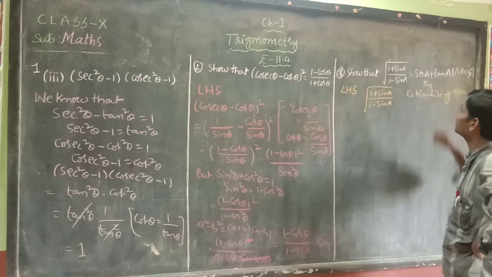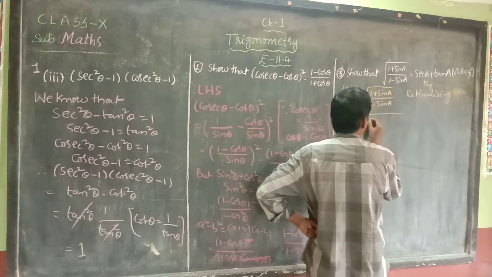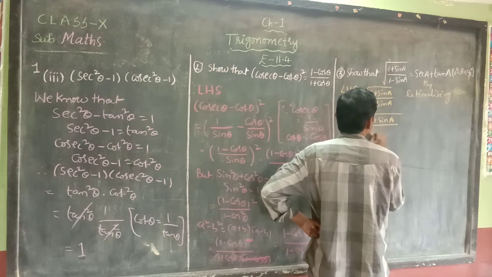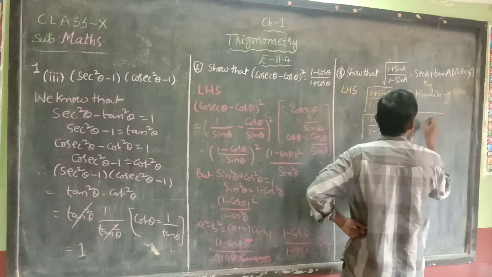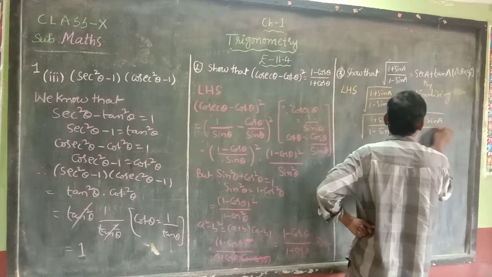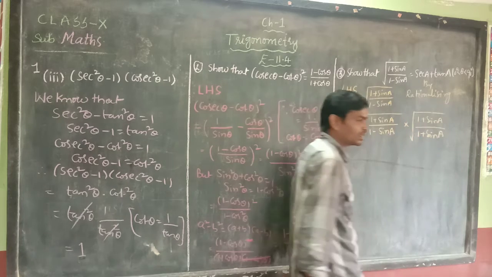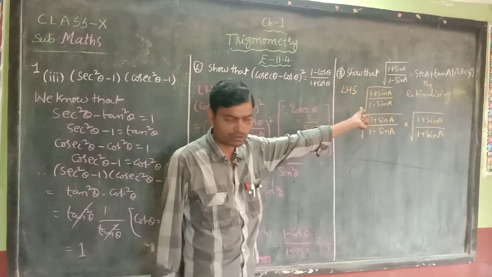By rationalizing, what will we get? Under root of (1 plus sin A) by (1 minus sin A) into under root of (1 plus sin A) by (1 plus sin A). Rationalizing means what? Multiplying and dividing with the same square root.